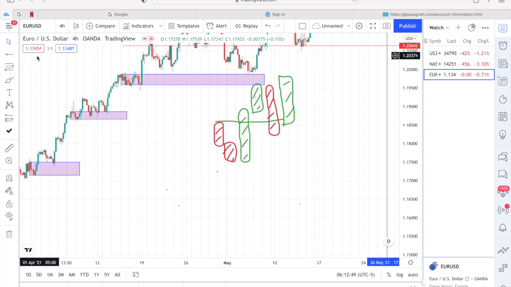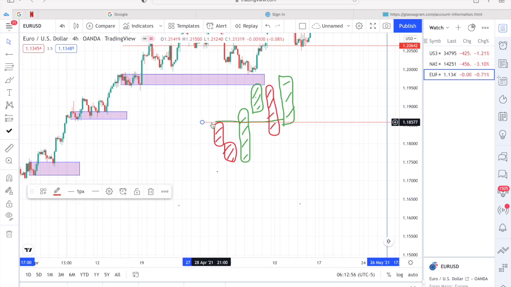What you can do is set your limit here, where I put this line. That's where you enter. And then there is what we call the mean threshold of the order block. What is the mean threshold of the order block? It's 50% through the order block.